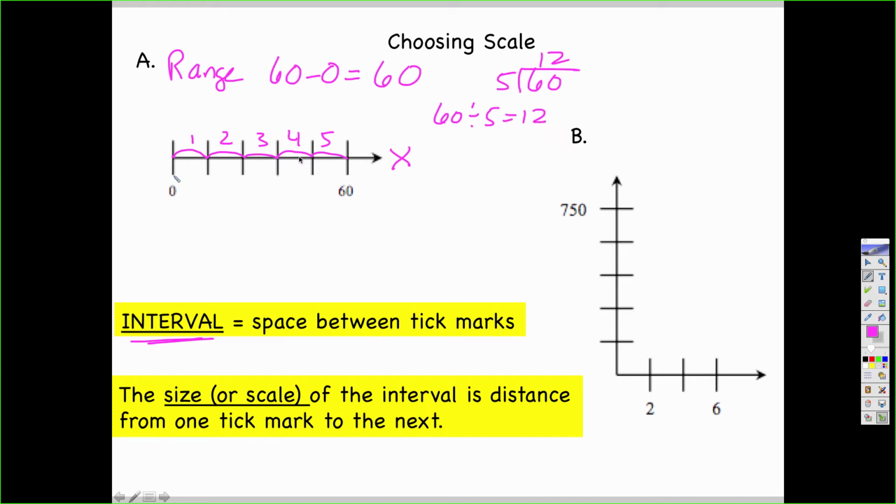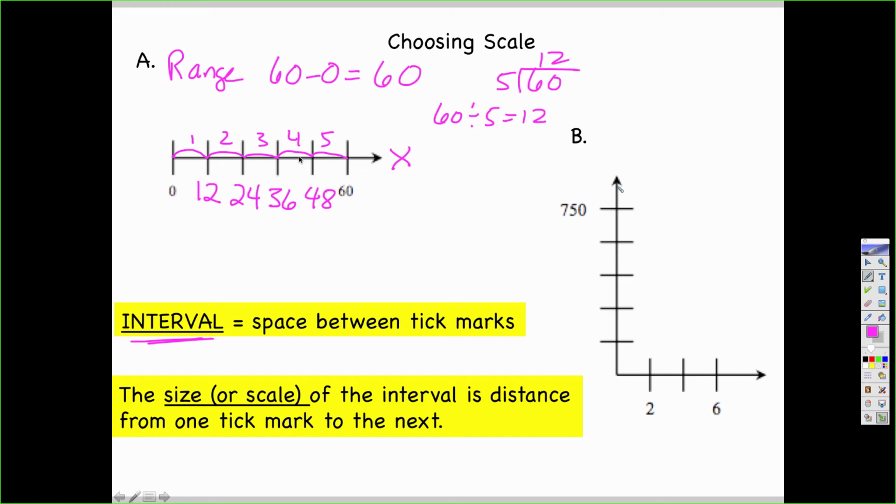So that means that each one of these is going to be 12. So the first one's 0, the next one's going to be 12, the next one's 24. I'm going to add 12 each time, so 24 and 12 is 36, and 12 is 48. And now I have evenly spaced. The size of the scale here is evenly spaced, and the interval is, each one is equal.